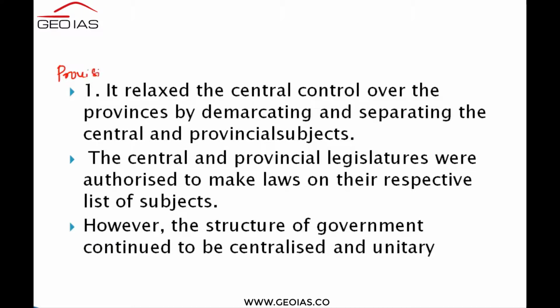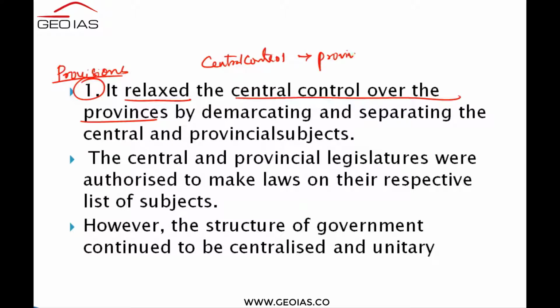The first provision of this Act is that it relaxed the central control over the provinces. So central control was less on these provinces. They were there, but limited control of the center on the provinces was there. Why? Because demarcation and separation of the subjects happened.